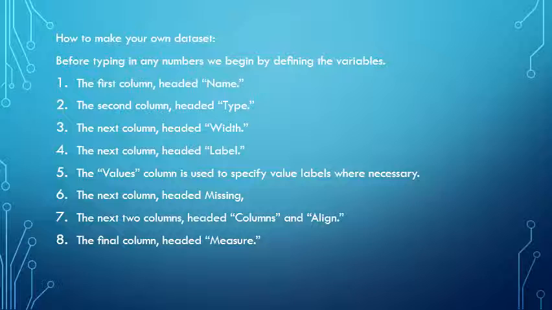You will find that the column will increase automatically as you type. The Values column is used to specify value labels where necessary. What we need to do in this value column is to set the label for each of the four numbers.